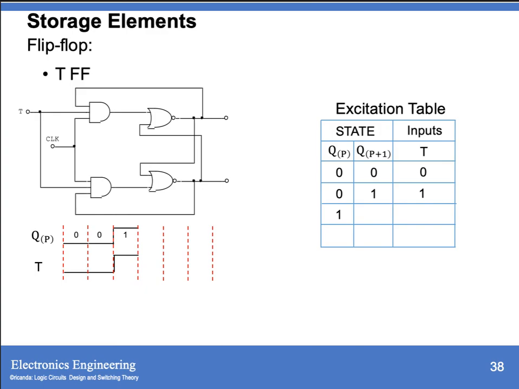And if it's going to 0, your T must be 1, because it is toggle. If it is from 1 going to 1, then your T must be 0, because it will remain on the value of your Q, which is equals to 1.